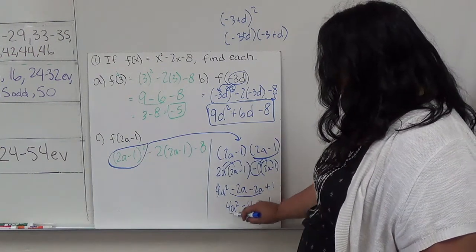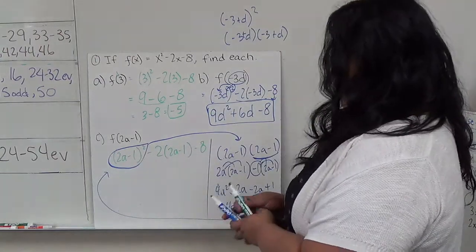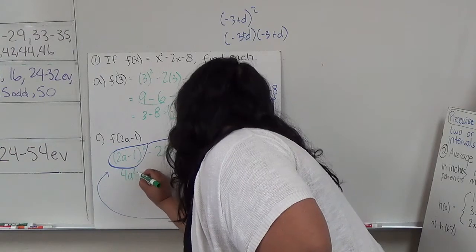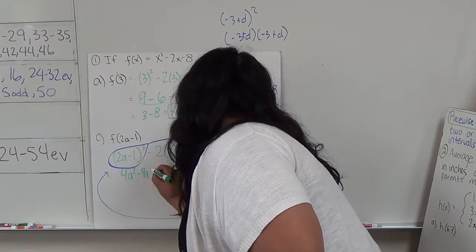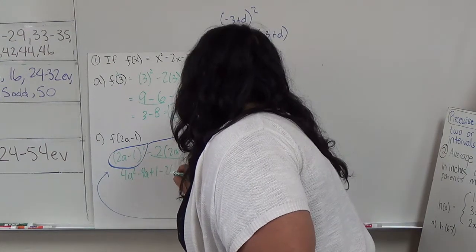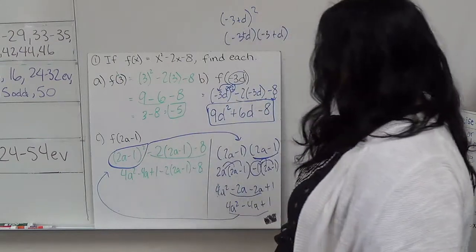Now I'm going to take this whole thing and replace it in for this. So my next step is 4a squared minus 4a plus 1, and then I'm going to bring everything else down. Minus 2 times 2a minus 1 minus 8.